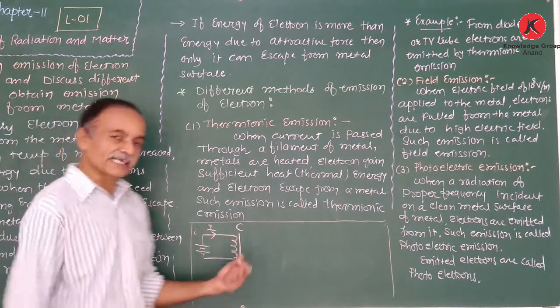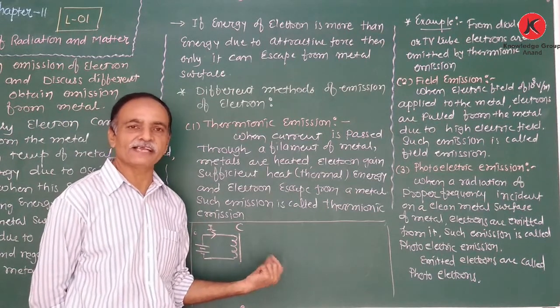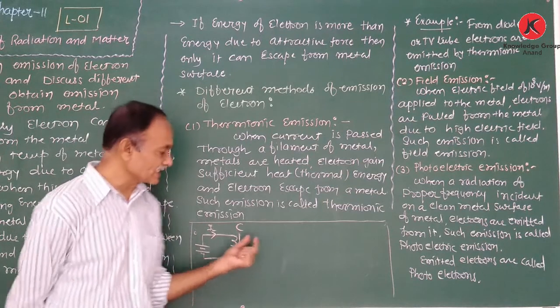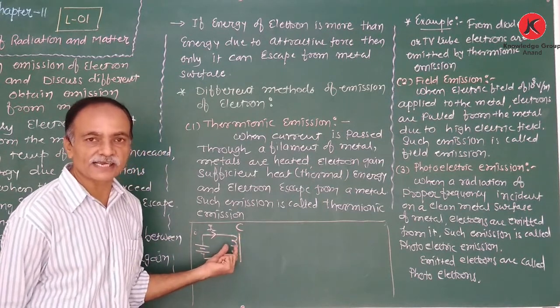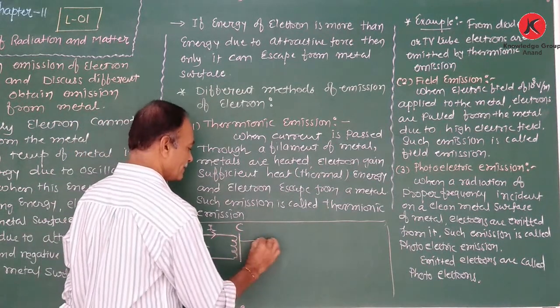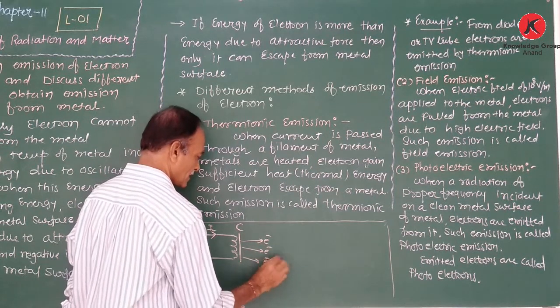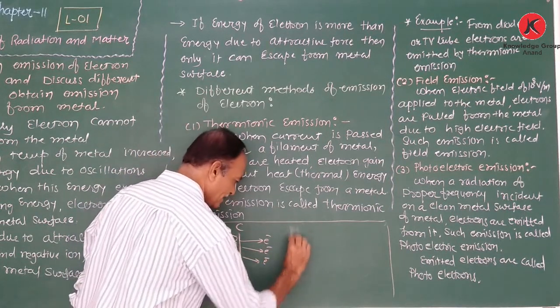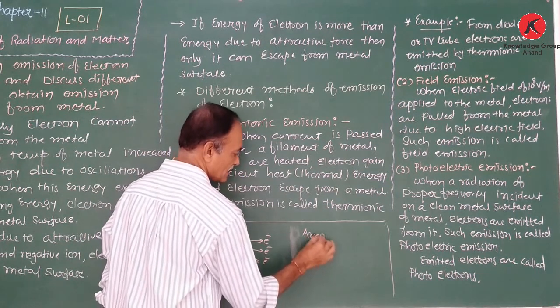This cathode or plate is made up of a conducting material, so positive and negative ions are present. As the temperature of this metallic plate increases, the kinetic energy of the electrons also increases. As a result, the electrons are emitted from the metallic surface and are incident on a screen. There is our anode.